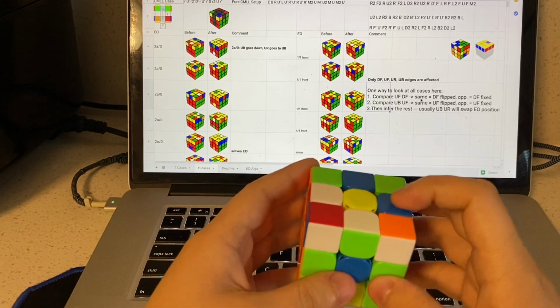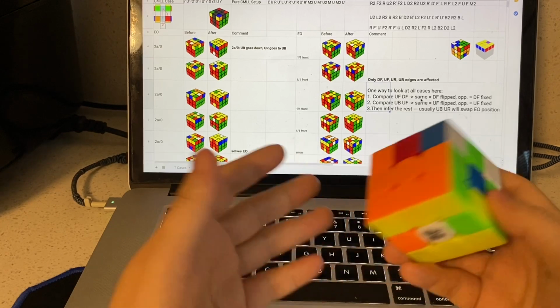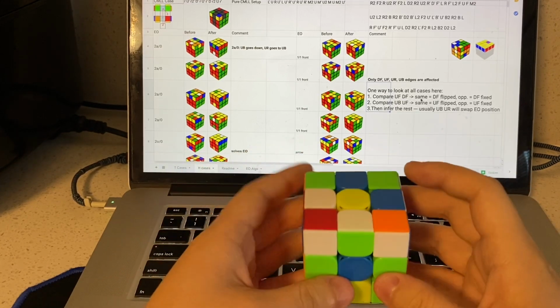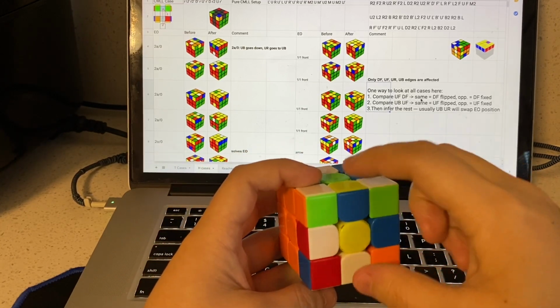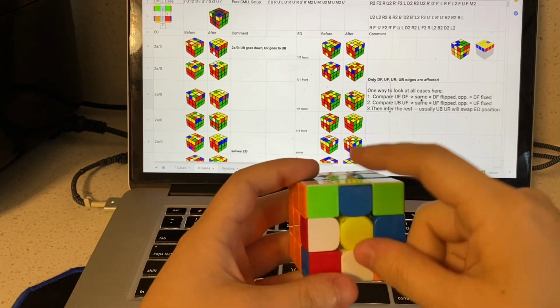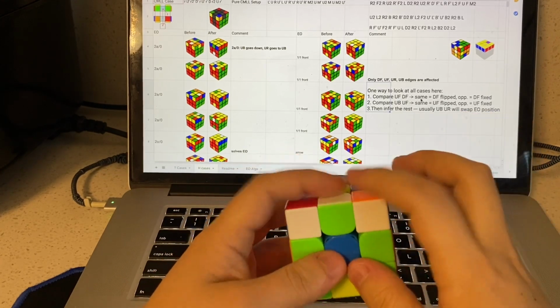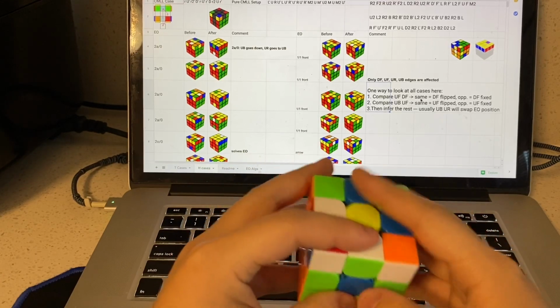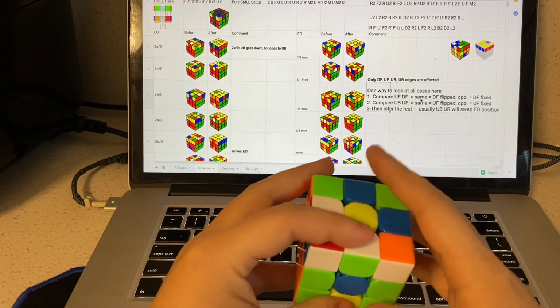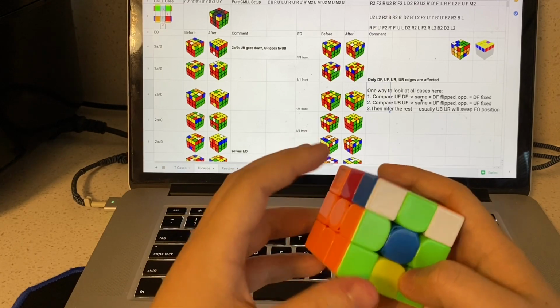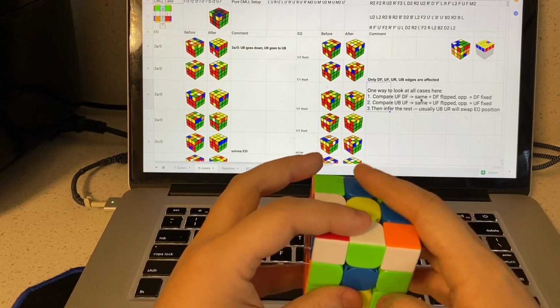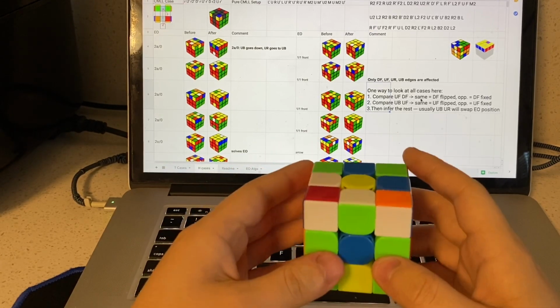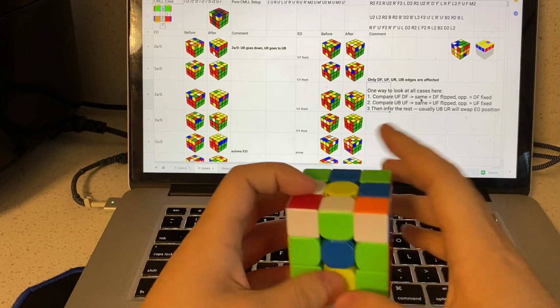And that's actually enough, I think, a lot of times, if not all the times. We'll find out. So again, rules tell us these two are opposite, this stays the same. These two opposite, this stays the same. And these two will swap, but since they're both misoriented, this will just stay there. So this is overall a fixed point, meaning that the EO shape would be preserved after the algorithm, and we can confirm that. All right.